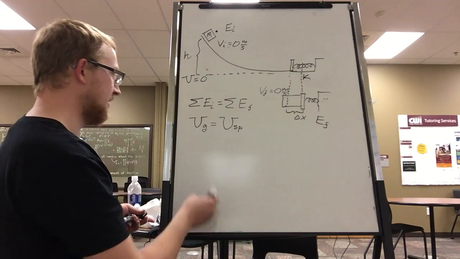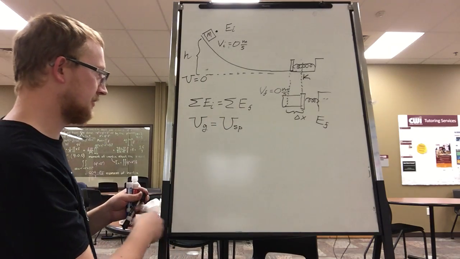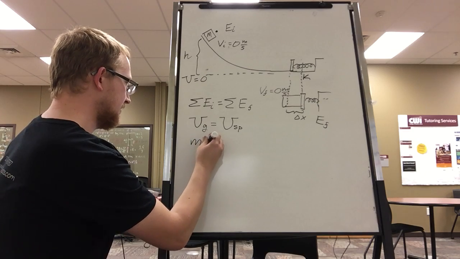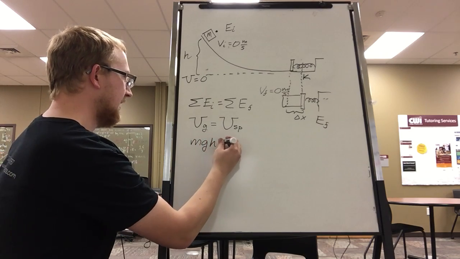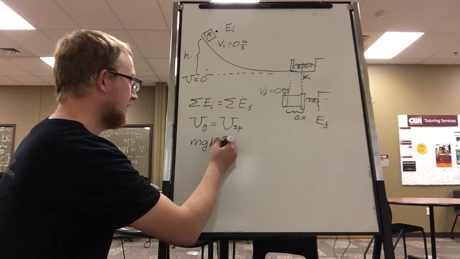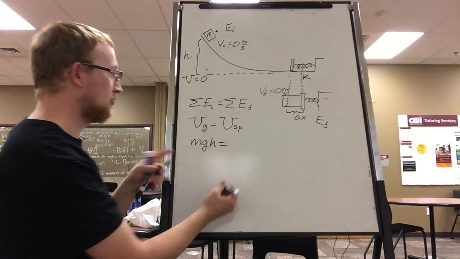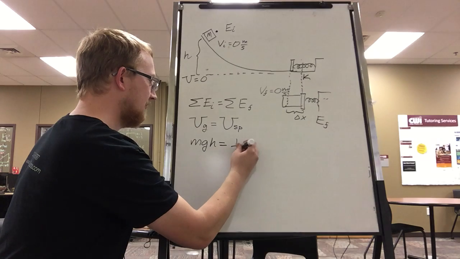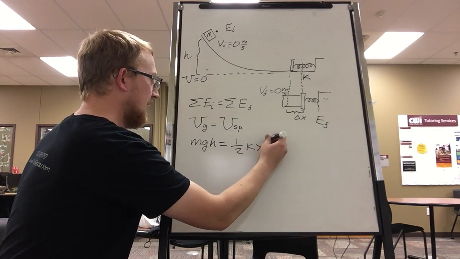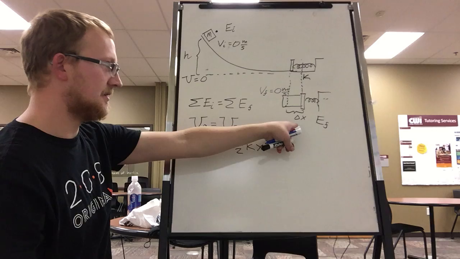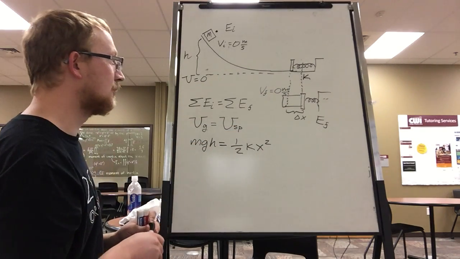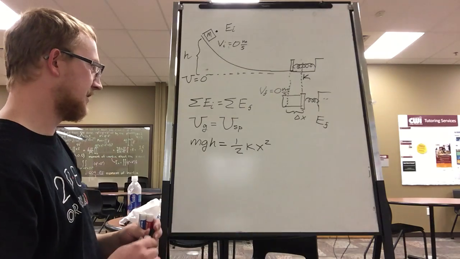So now let's write what we know about gravitational and spring potential energy. Last time we showed that gravitational potential energy is mgh, where height is the vertical displacement. And the spring potential energy is 1/2 k x squared, where k is the spring constant and x is the displacement of the spring, from where the spring starts to where the spring finishes.